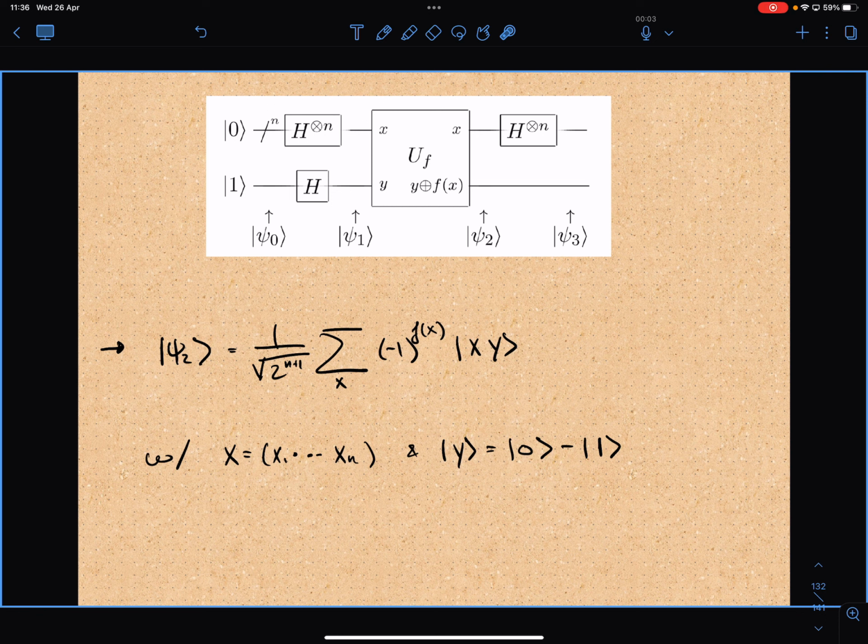And if f of x is constant and equal to 1, what's the phase of all states? Someone else that hasn't participated?